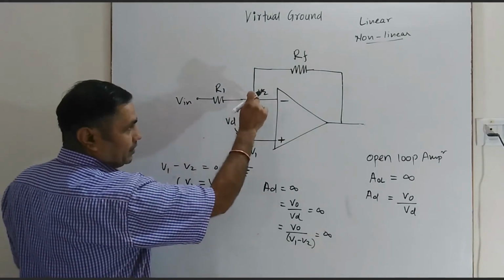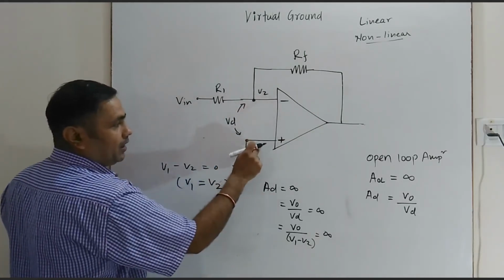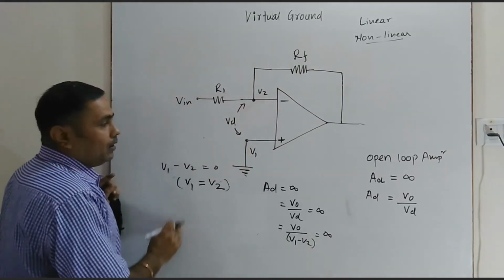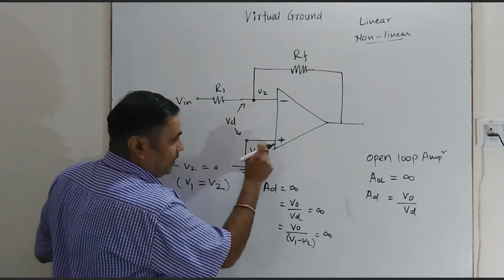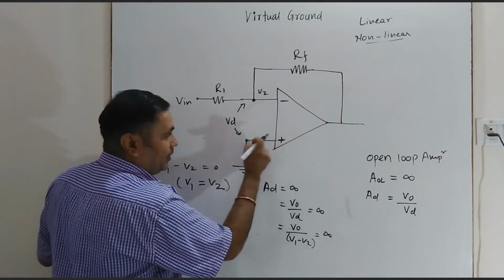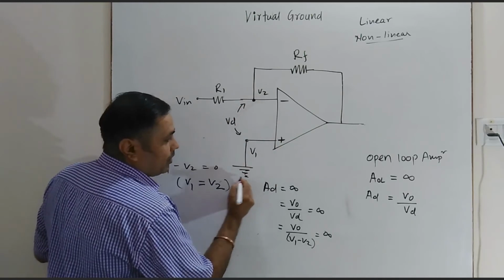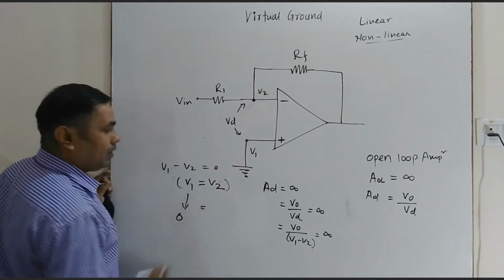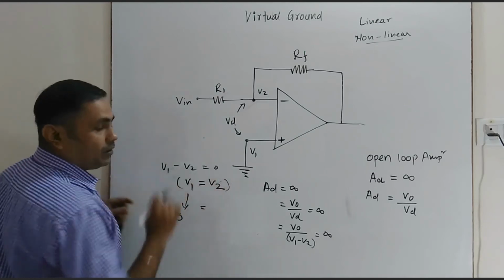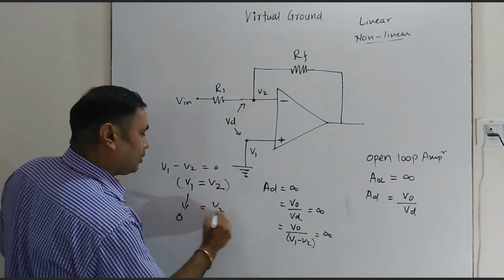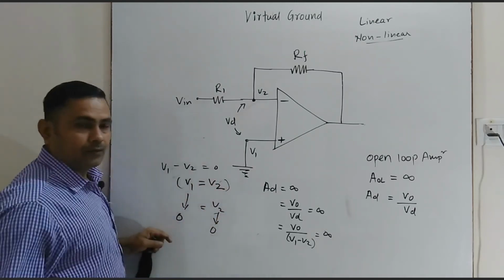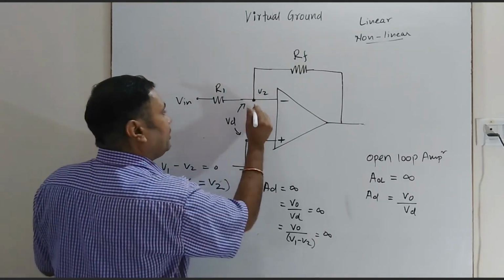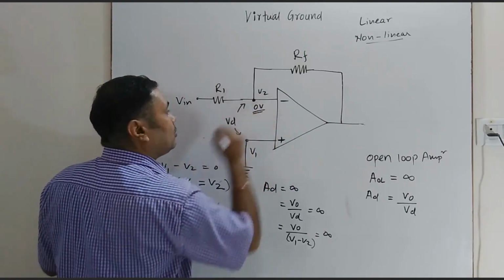So V2, the potential at this point, and the potential at this point are equal. But here you can see V1, the non-inverting terminal, is physically connected to the ground. That means V1 is 0. And as V1 is equal to V2, V2 must also be equal to 0. So the potential at this point is also 0.